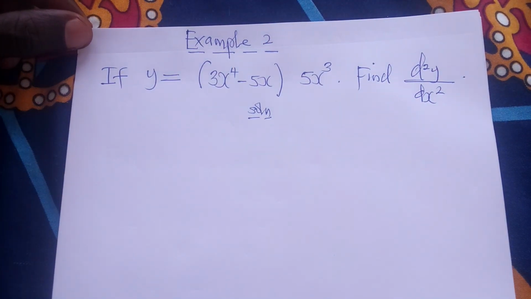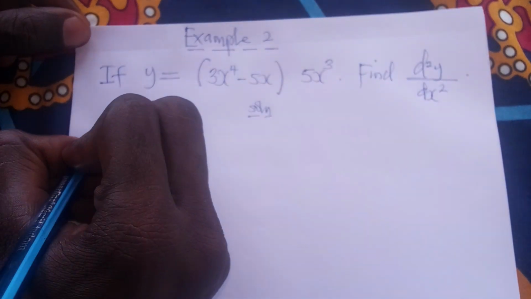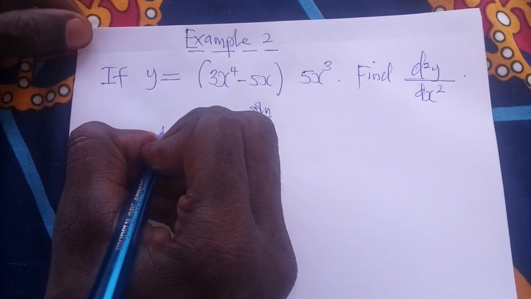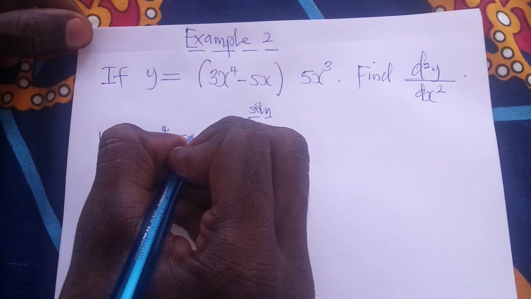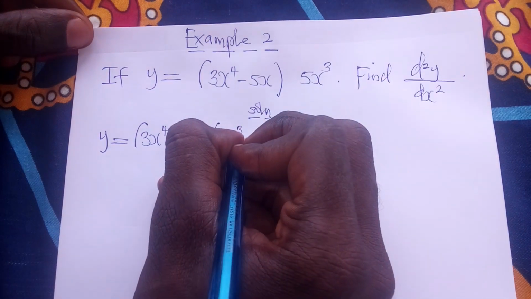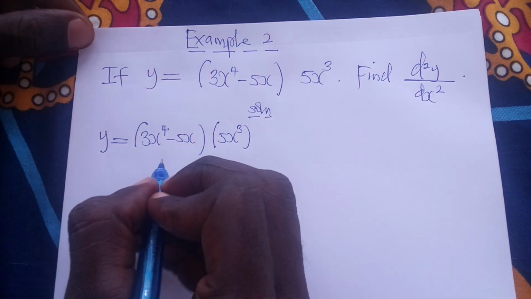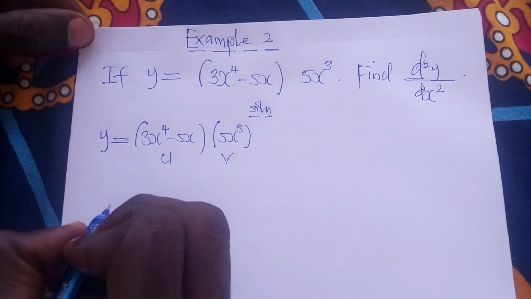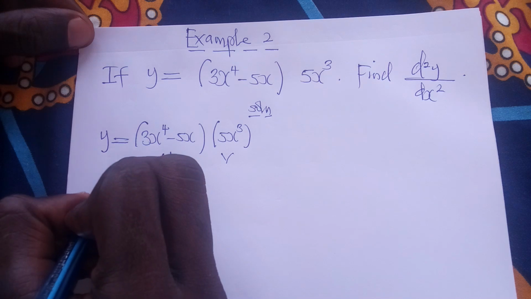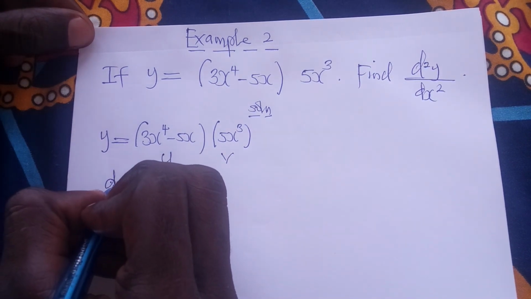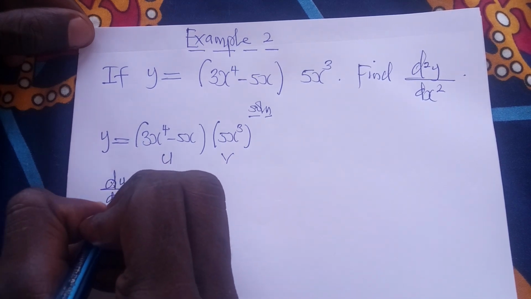Now we know we are given y is equal to 3x raised to the power 4 minus 5x, and you are given another bracket as 5x raised to the power 3. Okay, we know this is u and this is v. Let's find the first derivative first. We differentiate u. This one becomes du upon dx.